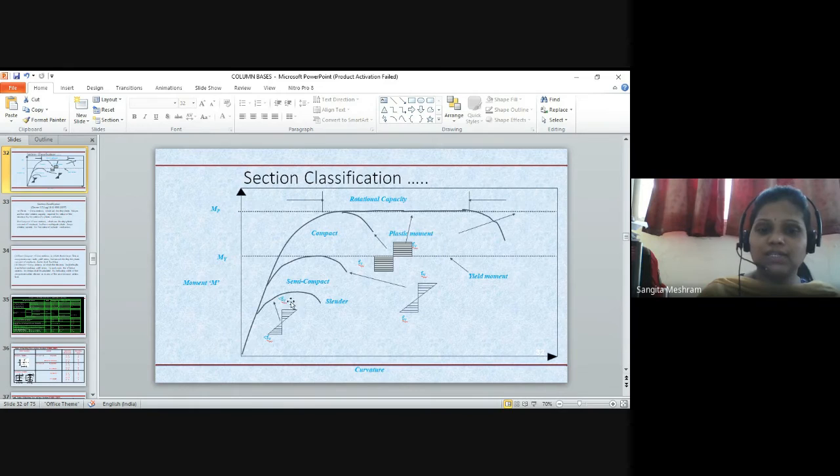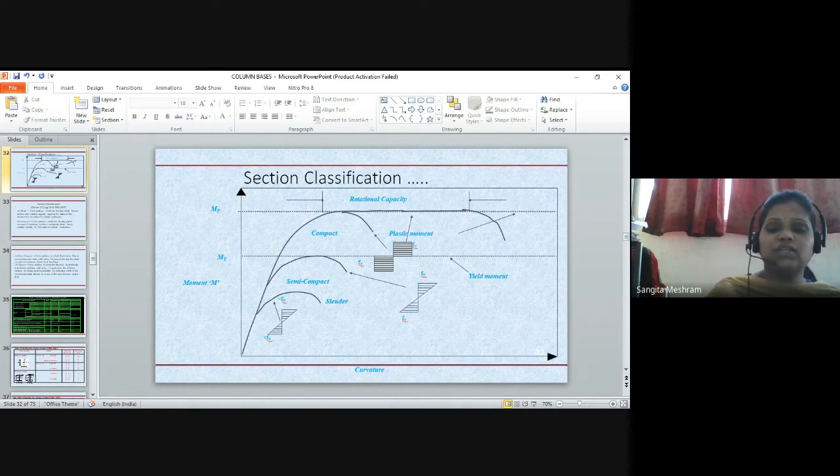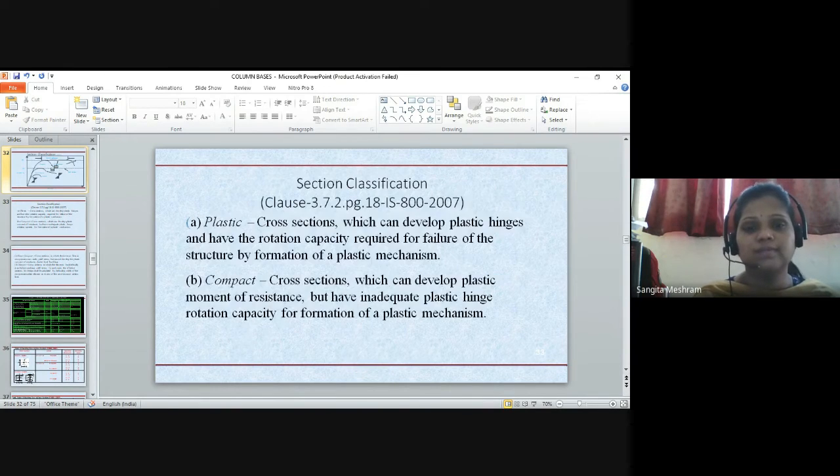Just see the figure, this is My. Below that My there is the slender section, and above the yield moment there is the compact section, and at the plastic moment point there is the semi-compact section. So these are the classifications we can use for the designing of members.